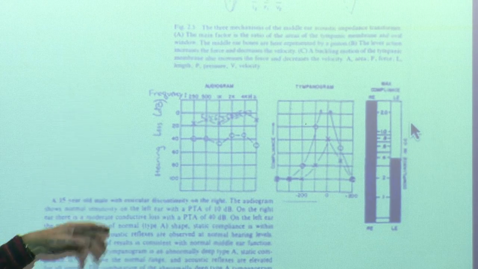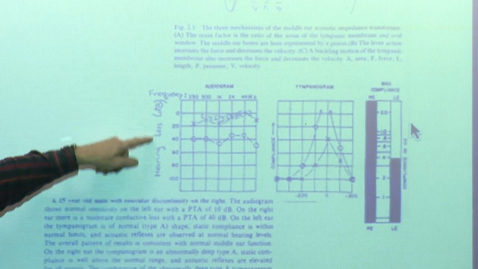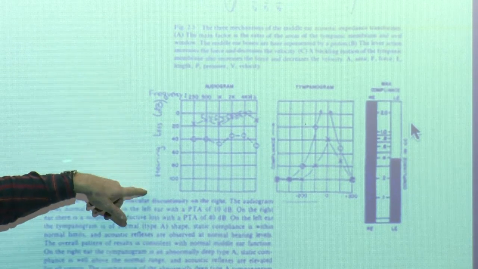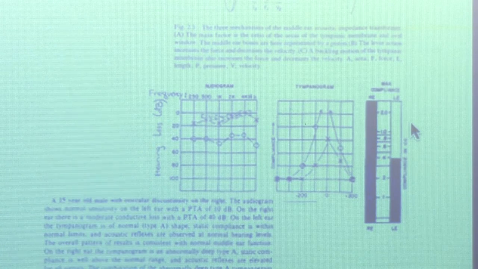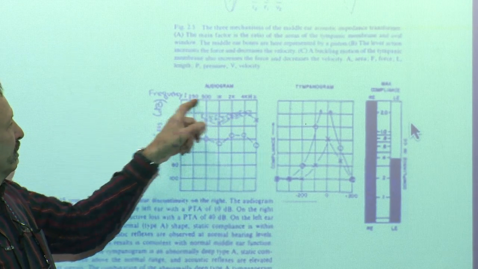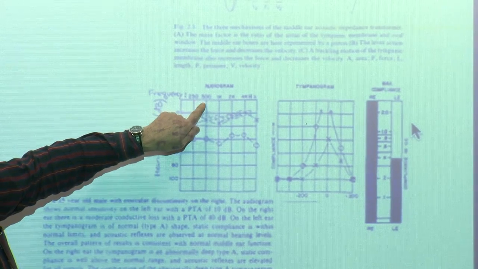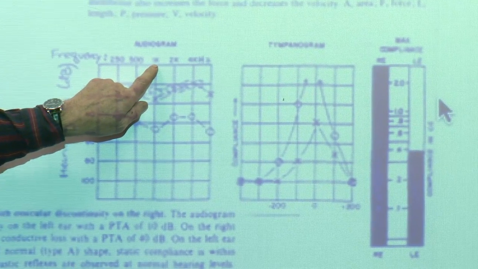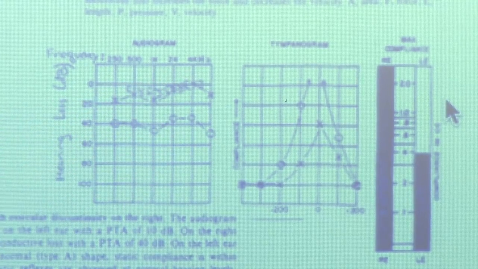So they test your hearing, and this is a so-called audiogram. And plotted on the y-axis is the amount of hearing loss in decibels. That's just the way they plot it. And plotted on the x-axis is the frequency. And they typically test 250, 500, 1,000, which is abbreviated here, 1K, 2K, and 4K.